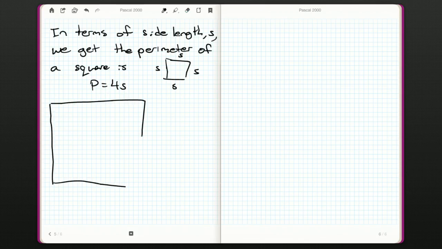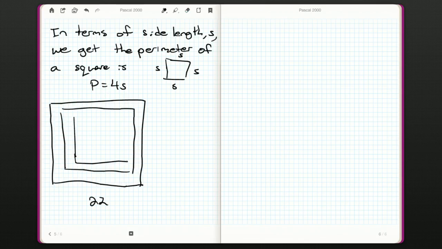All right, we have a big square, and it's got a side length of 22. And then we have another square, and yet a smaller square. And inside each of these little spaces is a gap of size 3.